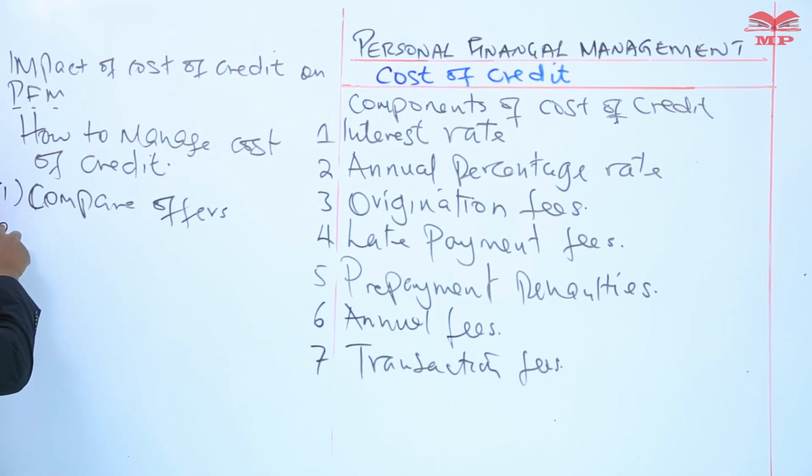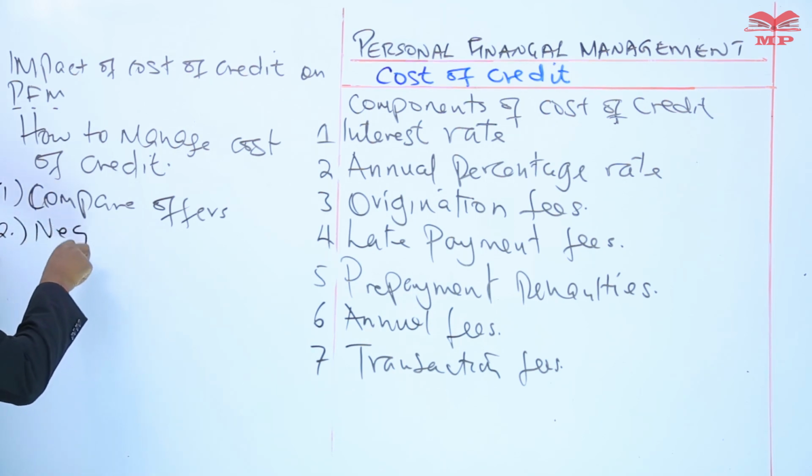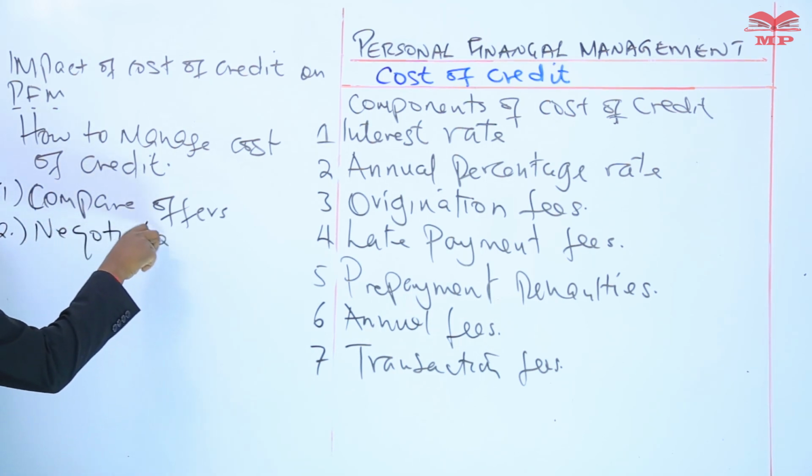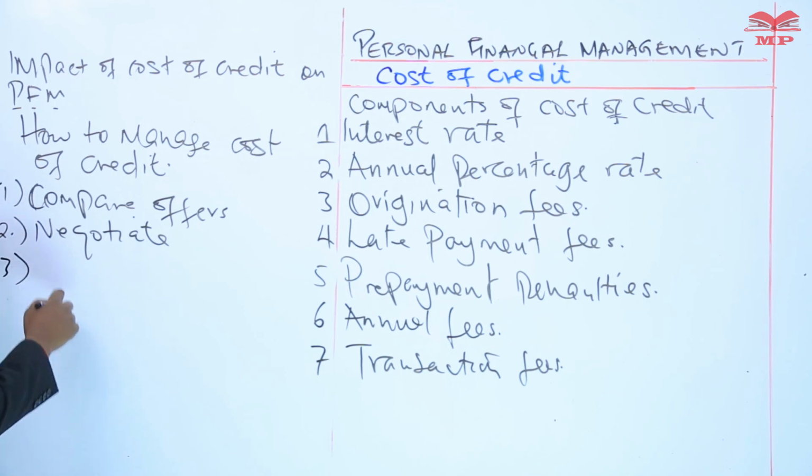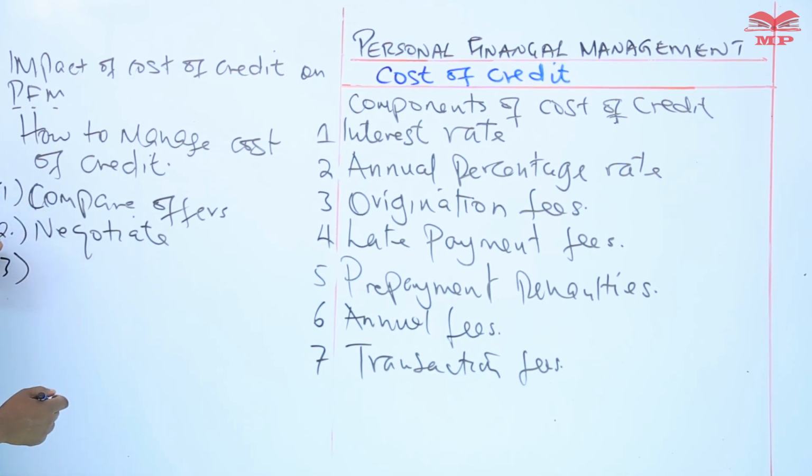Another way to manage is to negotiate. Negotiate with the lenders for lower interest rates and fees. Then it's important to understand the terms and conditions.